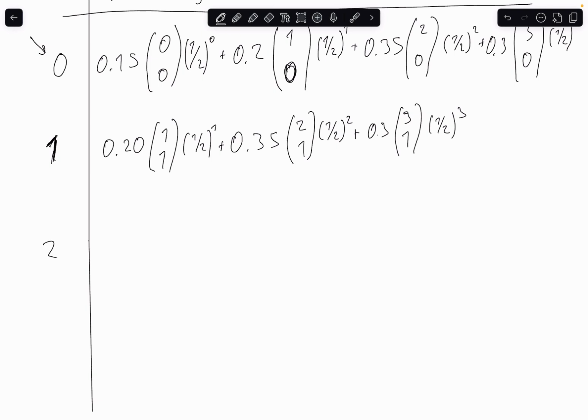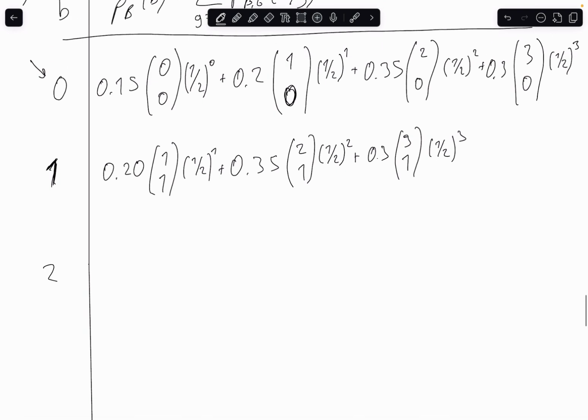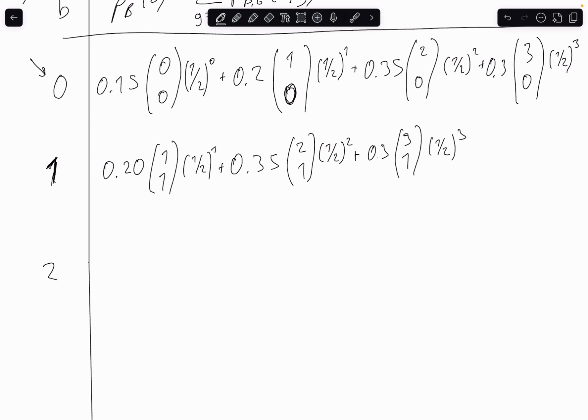When B is equal to 2, now we have 2 children and none of them is girl, with 35% probability we can have 2 children in total, 2 of them are boys, and multiplied with having 2 boys, and we can have 3 in total.